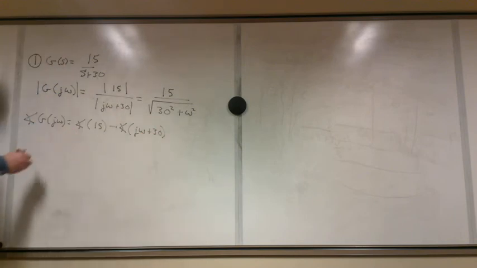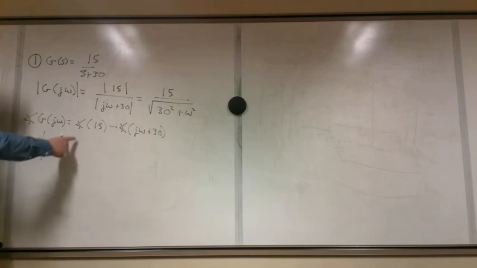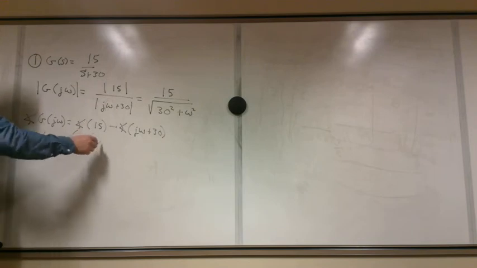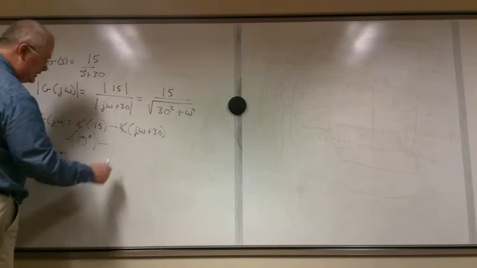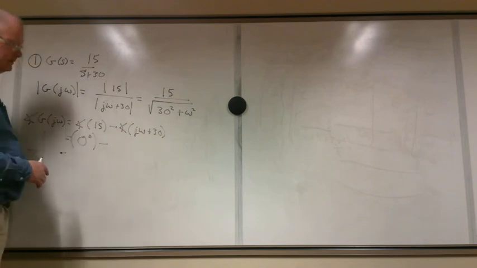So for the phase angle of 15, we simply have a point out on the real axis at location 15. The angle of that is 0. Okay, so this is equal to 0 degrees. That's the first term. Minus the angle of J omega plus 30. So we say, okay, omega is going to be a positive number. We're not going to be driving this with negative frequencies.